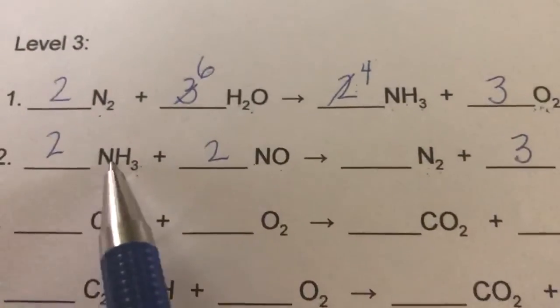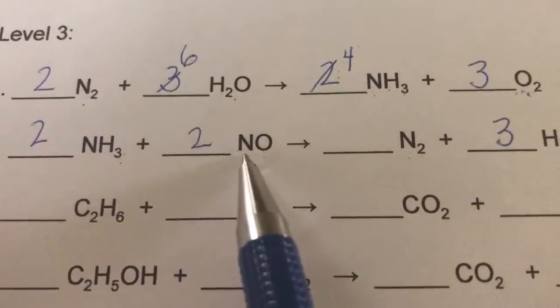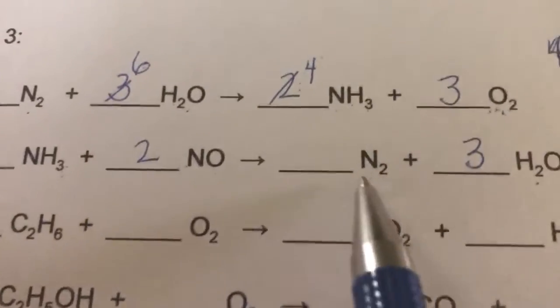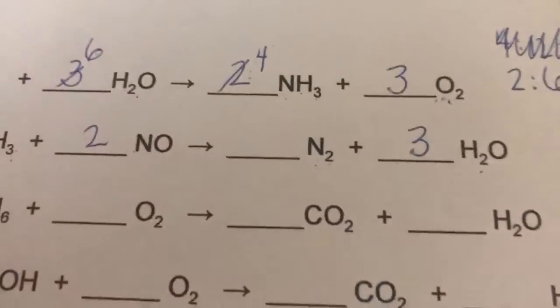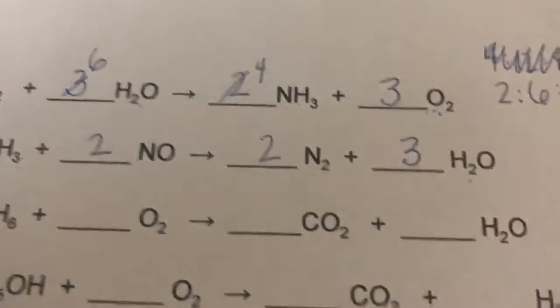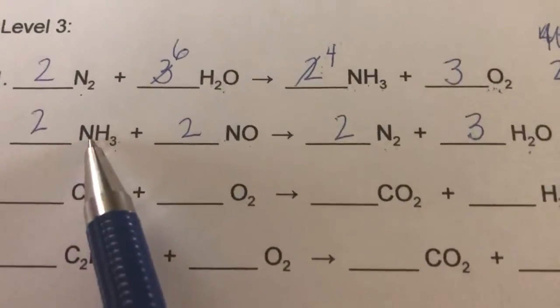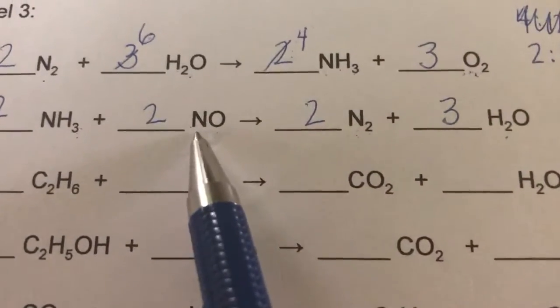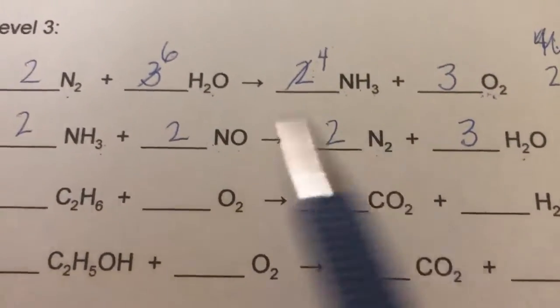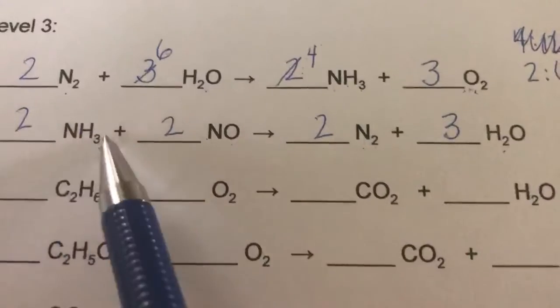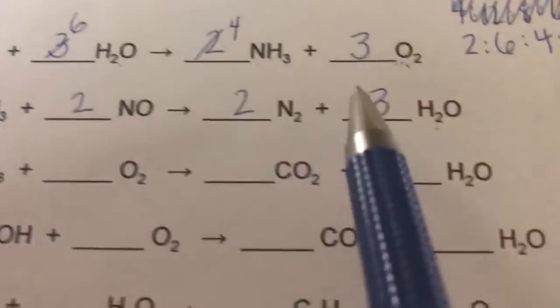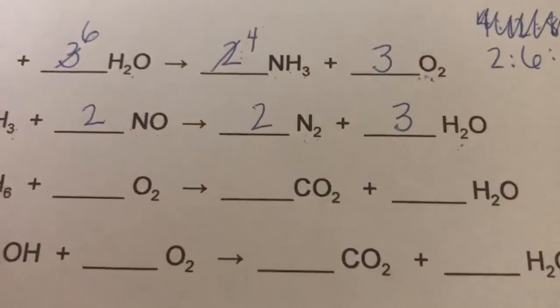So I have 2 nitrogens plus 2 nitrogens is 4. I now have to multiply this nitrogen by 2. So let's check my nitrogen and my hydrogens. 2 nitrogens plus 2 nitrogens is 4 nitrogens. 2 times 3 is 6 hydrogens. 3 times 2 is 6 hydrogens.